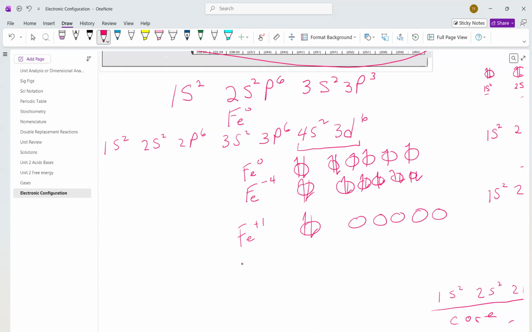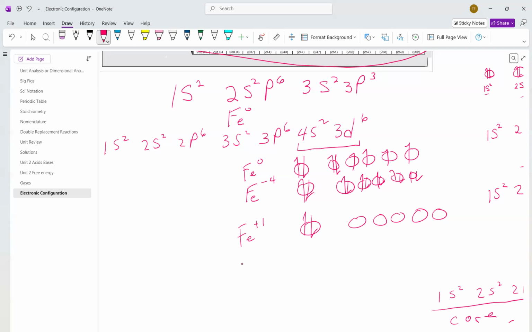Yes. Why? Because that's a half full subshell. It's the third one down. Did you write that list down? Third one down. Okay, so the options are a full shell, a full subshell, or half full subshell.